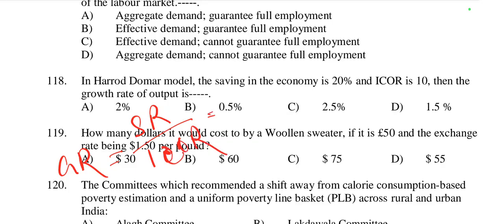So saving rate is 20% divided by 10, so 20 by 10 is equal to 2. So here the right option is 2, option number A.